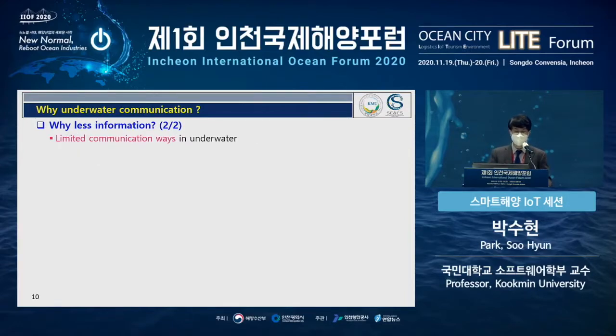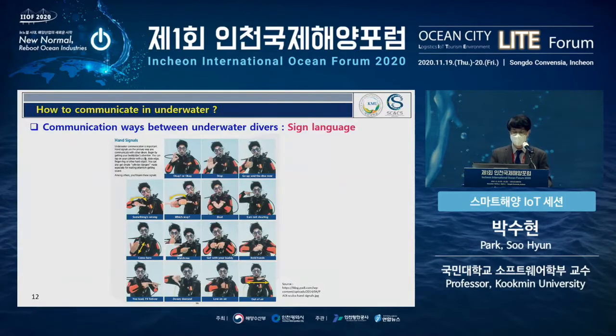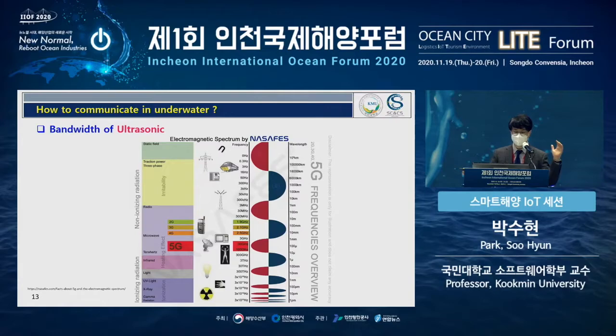The next one is that we do not have many ways to communicate underwater. So how do we communicate underwater? First, divers use a kind of sign language with their hands.